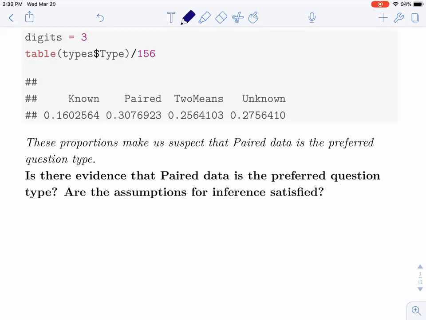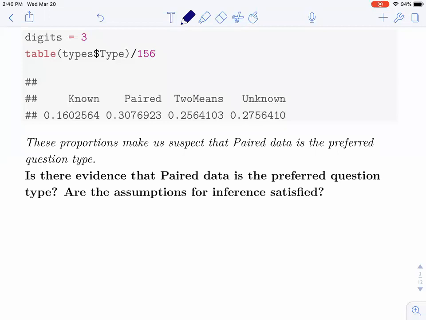So it looks like paired was the favorite question. And so I'm going to build my hypothesis around that. I'm just going to say, okay, well, is there evidence that paired data is a preferred question type? And also, first, are the assumptions for inference satisfied? Meaning we have to check the assumptions, and then we can go ahead and do this hypothesis test.